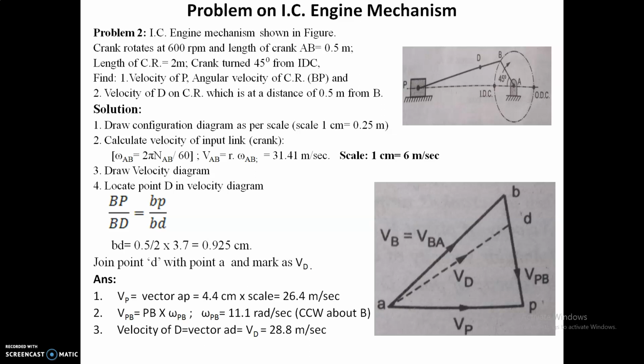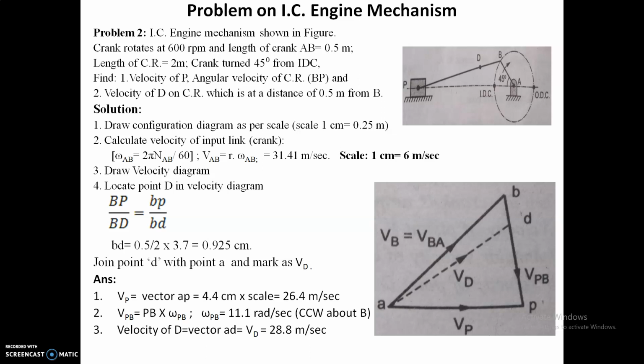Before making the velocity polygon, it is required to take the scale for the velocity polygon. This scale you can take on the basis of the velocity of the crank, because for the crank the RPM value is given and the length you know. Based on the velocity formula, velocity is equal to R into omega, where R is the length of the given crank and omega for the crank is given.